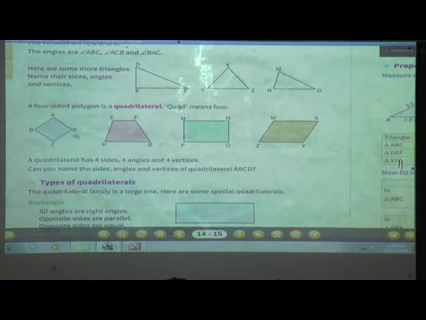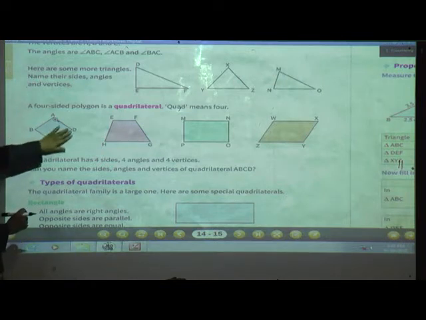See, here some figures are there. Here are the four sides. A quadrilateral has four sides, four angles and four vertices. Just tell me the sides, angles and vertices of A, B, C, D.